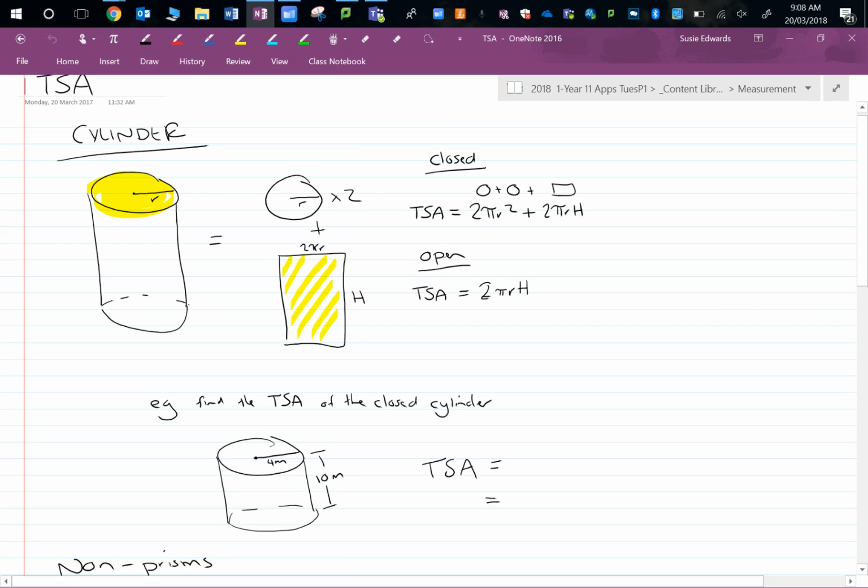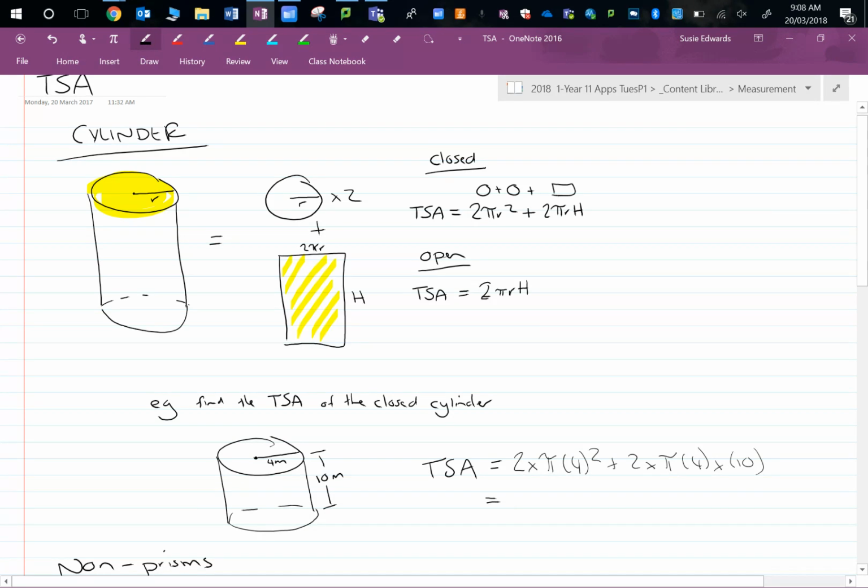All right, so for the total surface area, we need to say 2 times pi times r, which is 4 squared. That's your 2 circles. Plus 2 times pi times 4 times 10. And that's your rectangle.